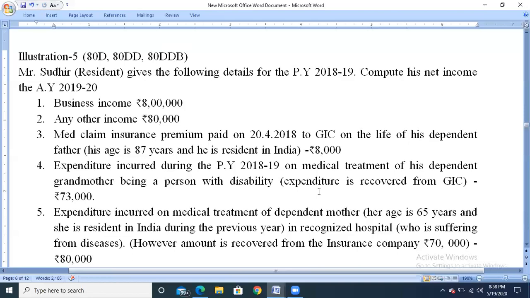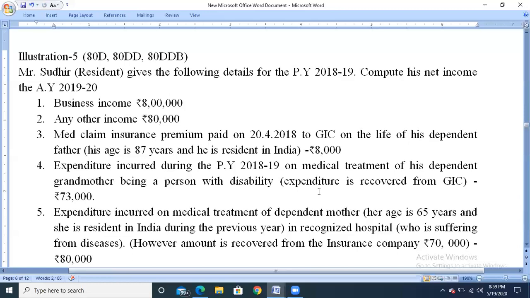If the family members are resident in India but their age is less than 60 years, then the maximum amount is rupees 40,000. So the condition says that if the assessee has spent an amount for the medical treatment and the family member is less than 60 years and a resident of India, up to rupees 40,000 they can claim the exemption.